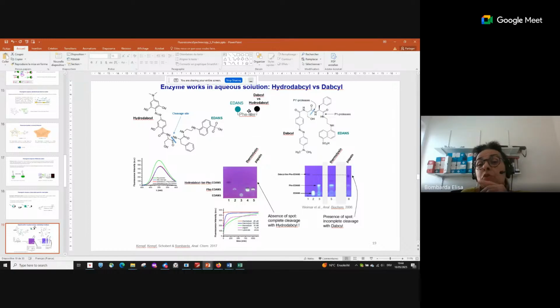It was already used in the literature with Dapsil, and we made a similar experiment with hydroDapsil. All the tests that we did, also with thin layer chromatography, proved that when a hydrophilic quencher is used, the enzyme actually works more efficiently.